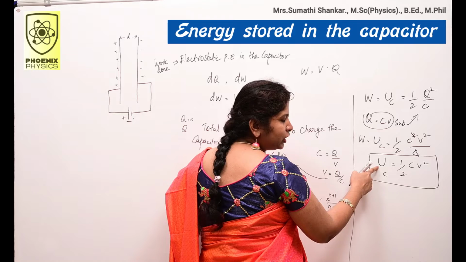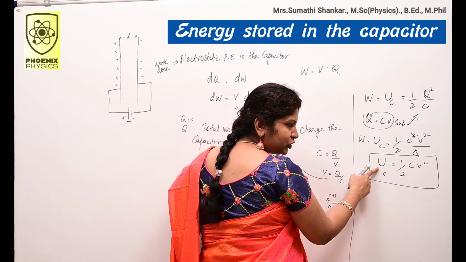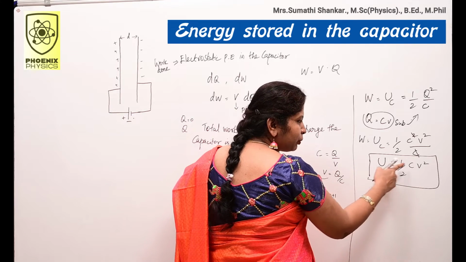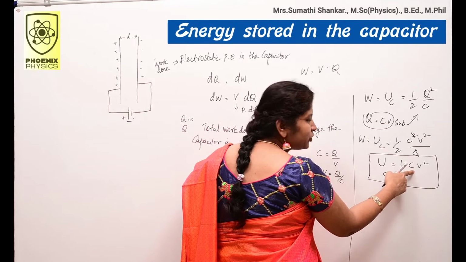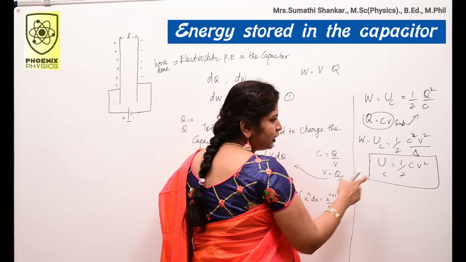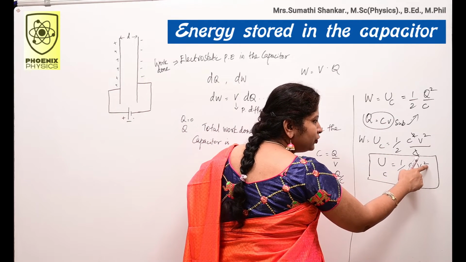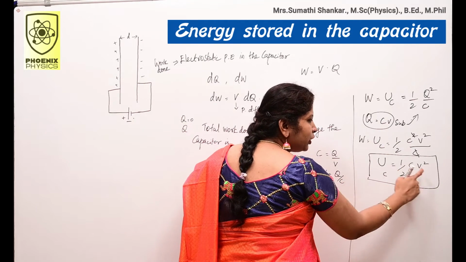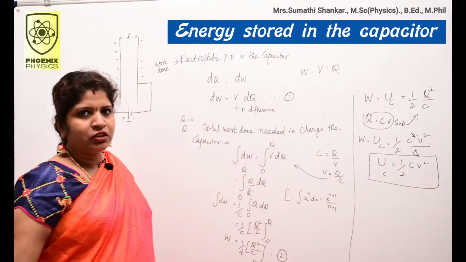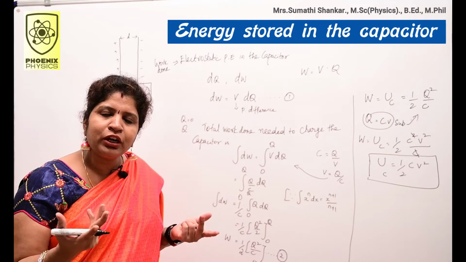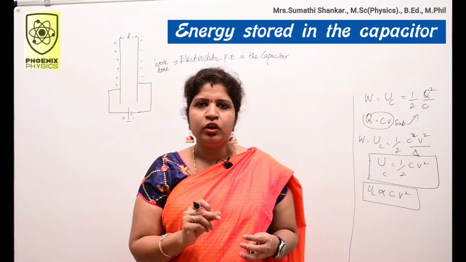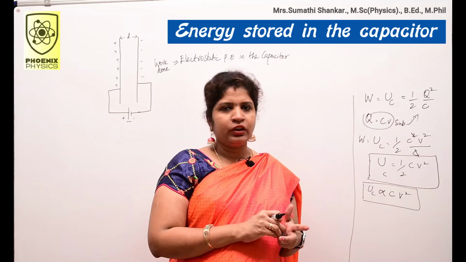This energy stored in the capacitor is directly proportional to the capacitance of the capacitor and the square of the voltage between the plates of the capacitor. Voltage means nothing but potential difference. Now I have a question.